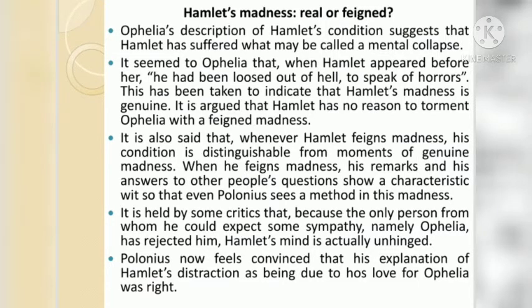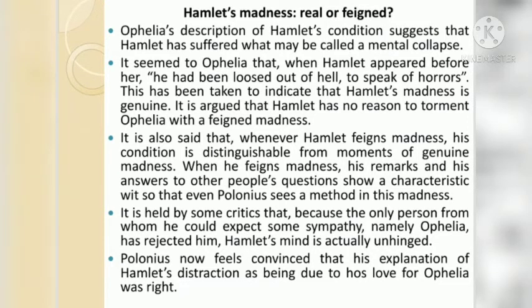When he fakes madness, his remarks and his answers to other people's questions show characteristic wit. It is partly sarcastic in tone, so that even Polonius sees a method in this madness. In the previous act, Polonius says that though this be madness, there is method in it.